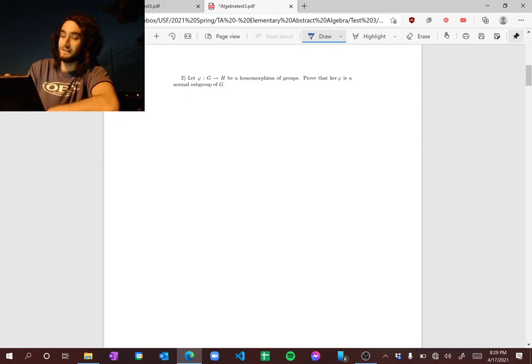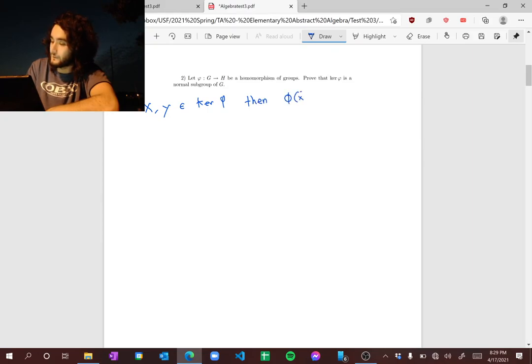Well, it's got to be closed first of all, because if x and y are in the kernel, that means when you do phi to them, you get E in H, right?